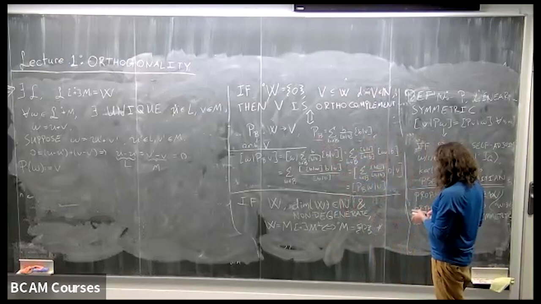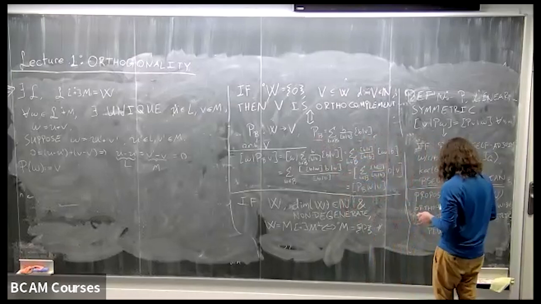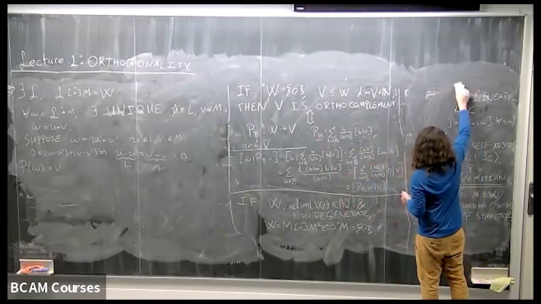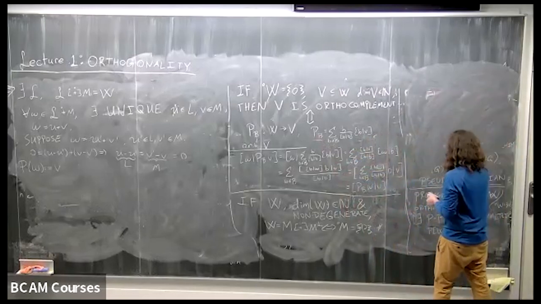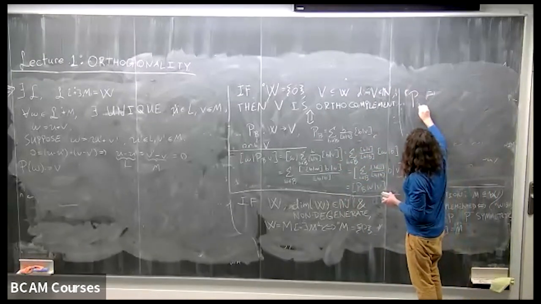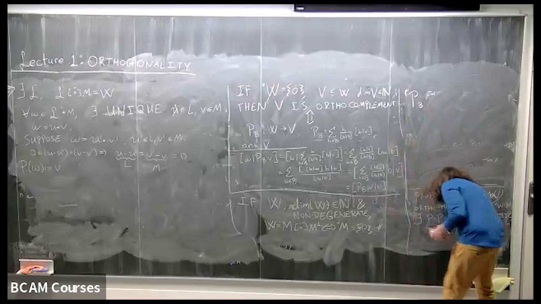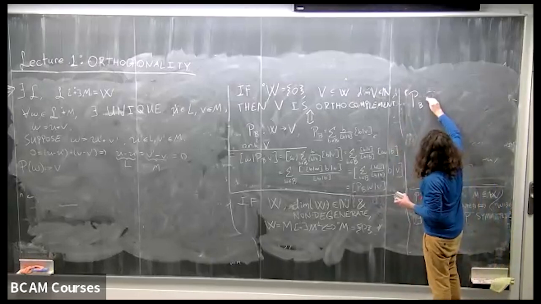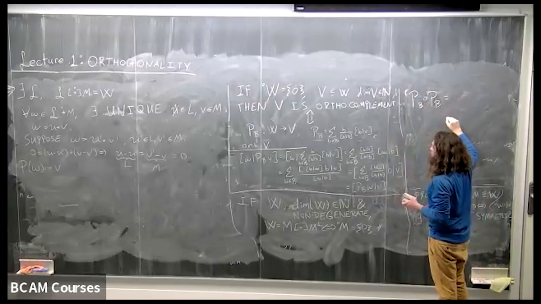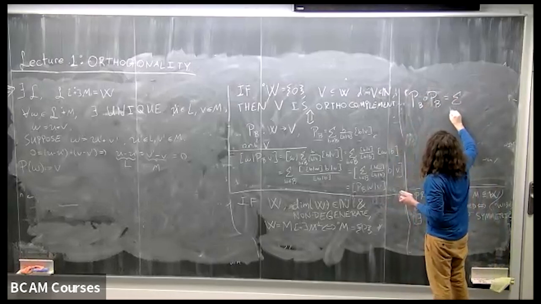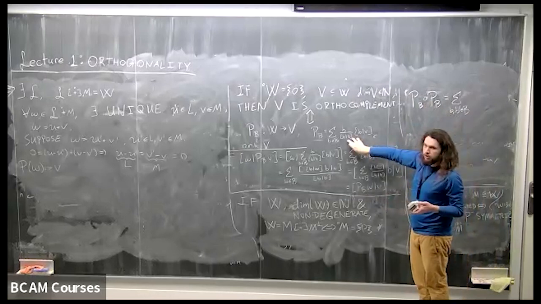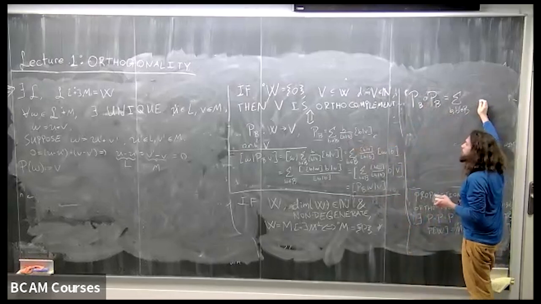Now the projection property. If I apply this thing twice, now I have two sums.